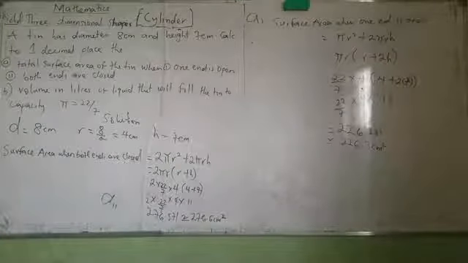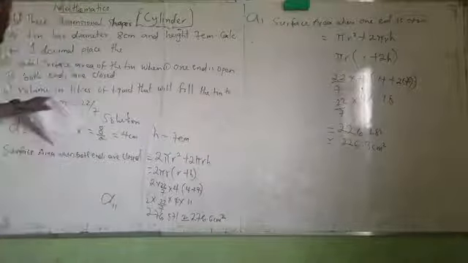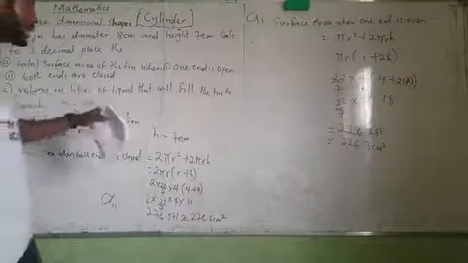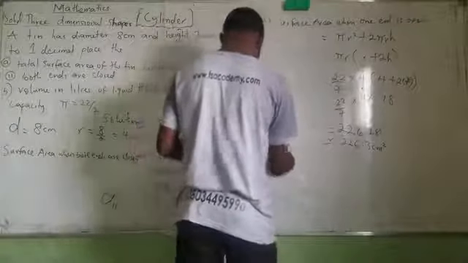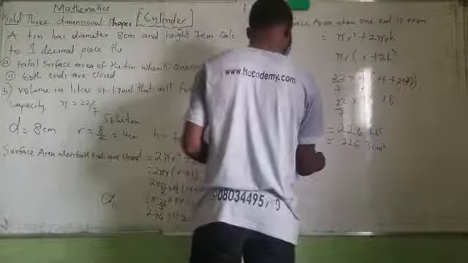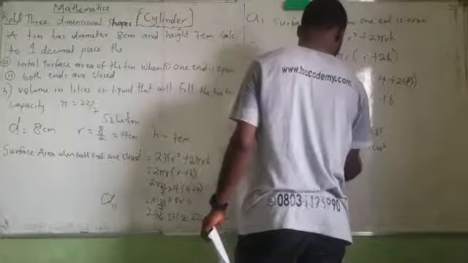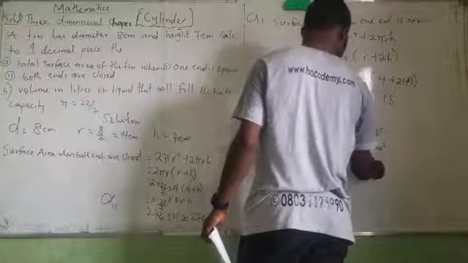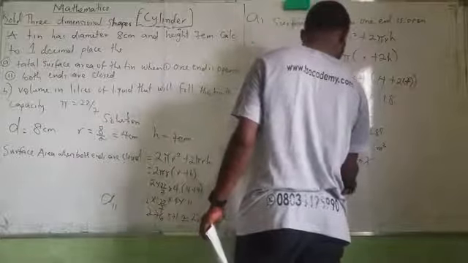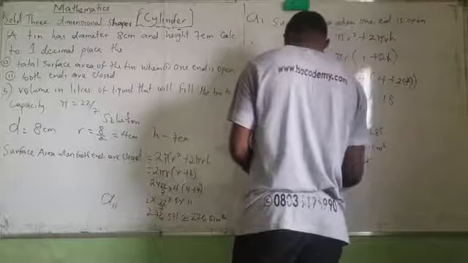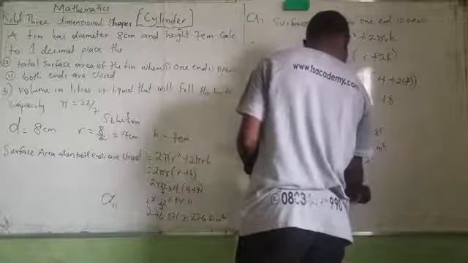Now, the last part of the question, we are asked to find the volume, this time in liters. The volume will be equals to pi r squared h, which implies 22 all over 7 multiplied by 4 squared multiplied by 7. 7 will cancel 7, which is going to be 16. 22 multiplied by 16, which gives 352 centimeter cube.